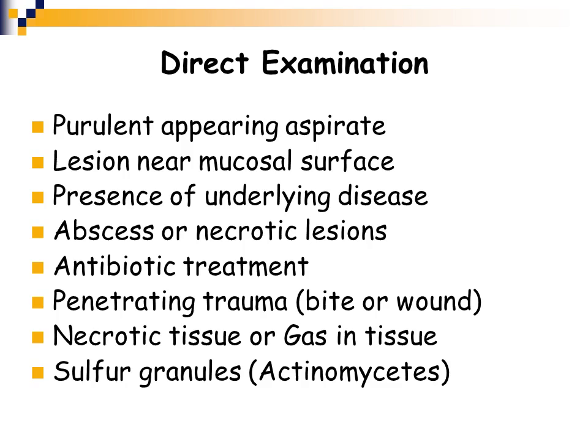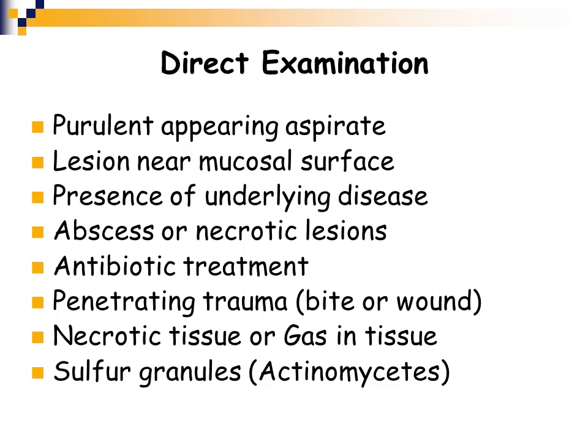If there's gas in the tissue or the tissue is necrotic, you always want to consider an anaerobe. And if there's sulfur granules, because your actinomycete organisms tend to produce sulfur granules.